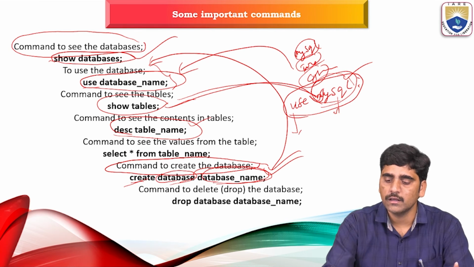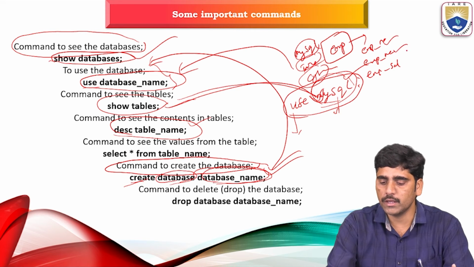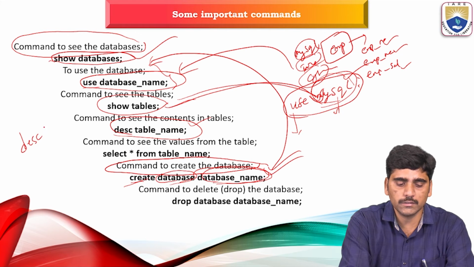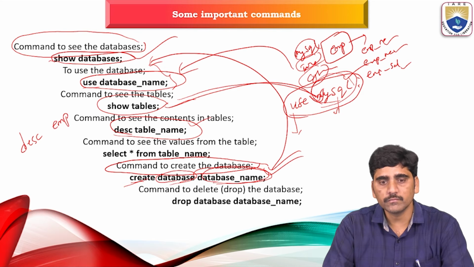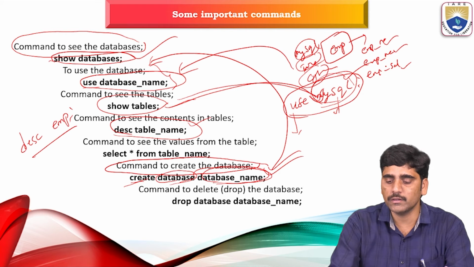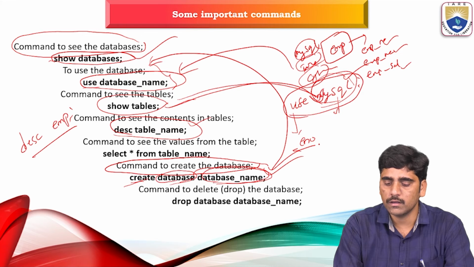Suppose I have an employee table. The employee table contains employee number, employee name, and employee salary. If I type DESC space EMP, it will display the list of attributes available in the employee table: E number, E name, and salary.